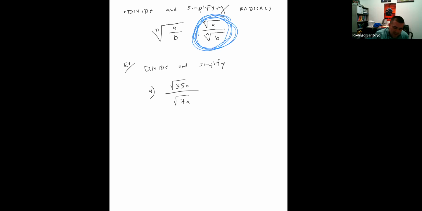So why don't we make it look like 1 radical? Notice that they both have the same index. Index is 2. So we're going to show it like that. That means 1 radical, 1 fraction. 35a on the top, 7a on the bottom.